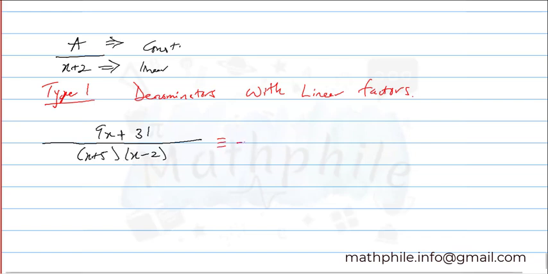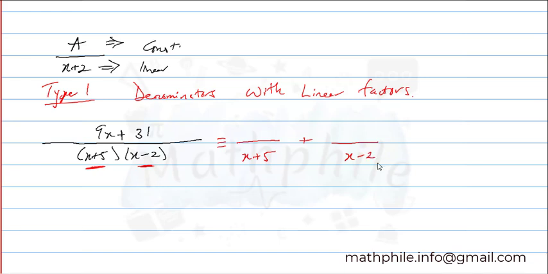Okay. So now that we know that this is x plus 5 times x minus 2, I can say that, if I don't know anything at all, I know that because the denominator is with 2 factors, this is supposedly coming from 2 fractions, with one being x plus 5 and the other one being x minus 2. Do you agree? Yes, sir. I don't know the question, but I can see that this could be from the question where one of the denominators is x plus 5 and the other denominator is x minus 2.